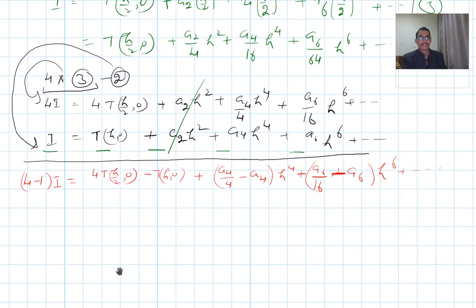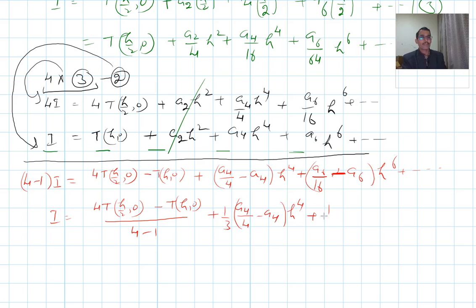And this can be written as I is equal to (4 T_{h/2,0} minus T_{h,0}) upon (4 minus 1) plus 1 by 3 (a4 by 4 minus a4) h raised to power 4, since 4 minus 1 is 3, plus 1 by 3 (a6 by 16 minus a6) h raised to power 6 and so on.